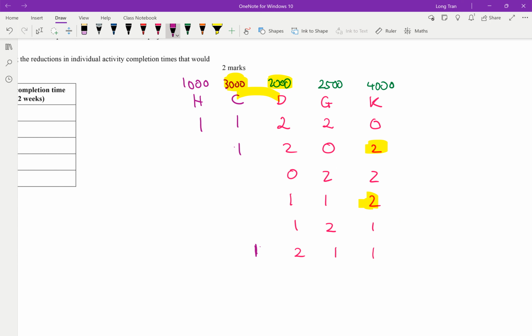But it looks like the worst case scenario would probably be... Yeah, the worst case scenario is to do any double Ks. Double Ks would make it, so 2 Ks would make it $8,000. Okay, so that means I'm probably not going to look at this combination. I'm not going to look at this combination, and I'm not going to look at this combination here.